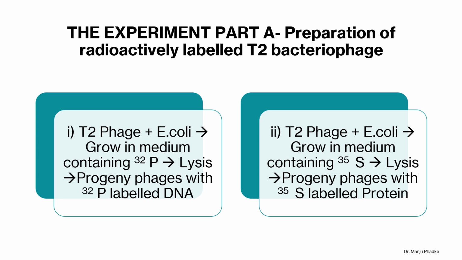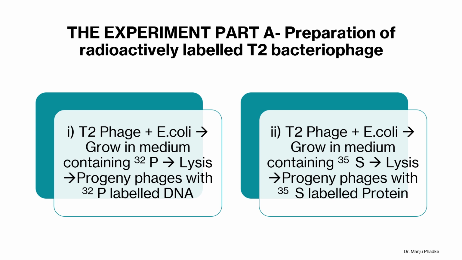So the T2 phage was allowed to infect the E. coli, and this was then grown in a medium containing radio-labeled phosphorus. After the cell lysis, it was found that the progeny phages were all labeled, with the DNA that the progeny phages contained all having radio-labeled phosphorus.